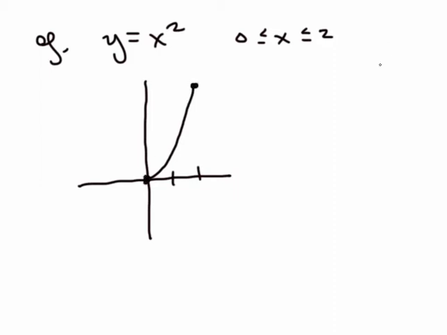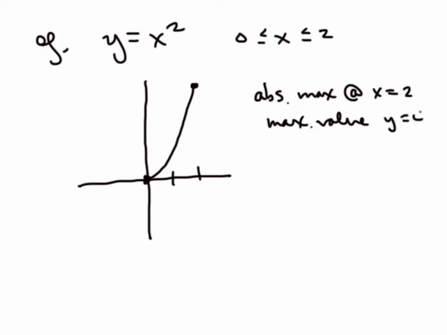Okay. So again, let's ask, where does this have its largest value? So where is its absolute maximum? Well, the absolute maximum, the x value, you can kind of see from the picture, is at x equals 2, and the maximum value is 4, because 2 squared is 4.